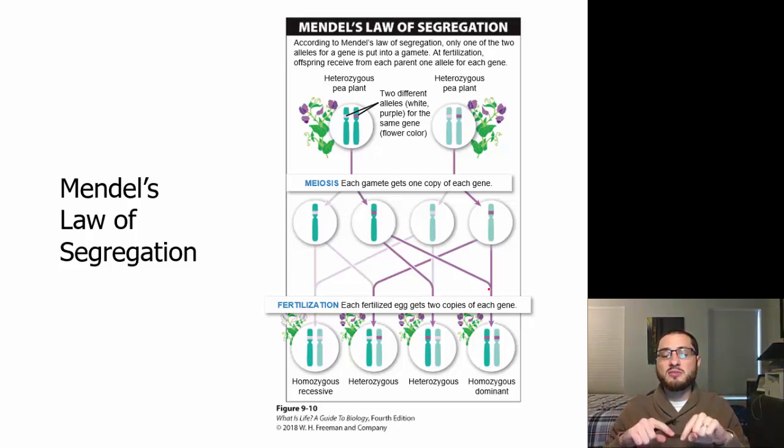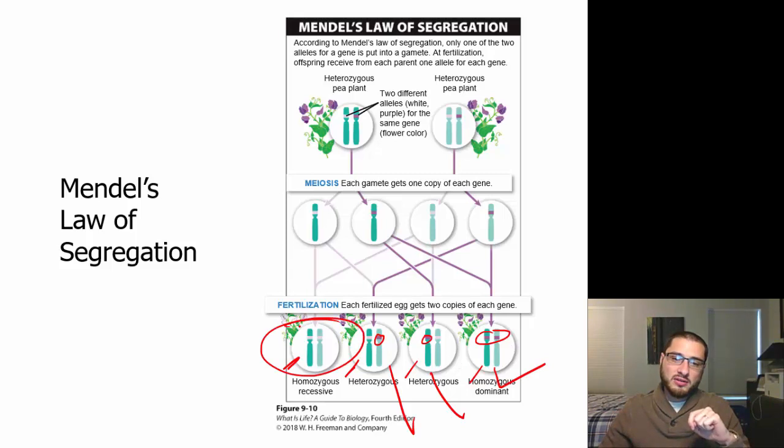But when you mix the purples that came from them, you're going to end up seeing that some of them came out homozygous recessive, meaning white, some came out heterozygous, and some came out homozygous dominant. Since these have one purple, which is the dominant, or two purples, these were all purple. But this one didn't have any purple to mask it, any dominant, so the recessive trait, the white, was shown.